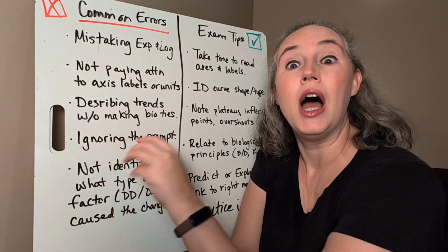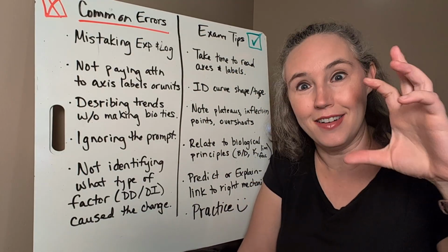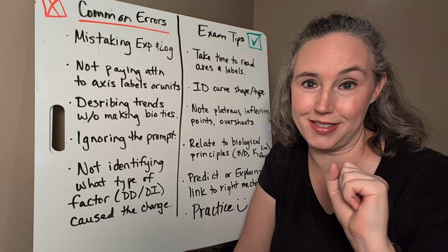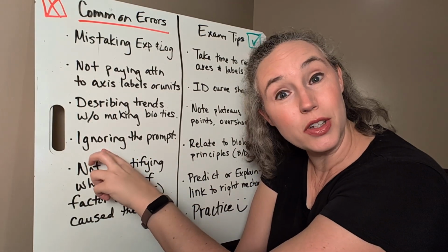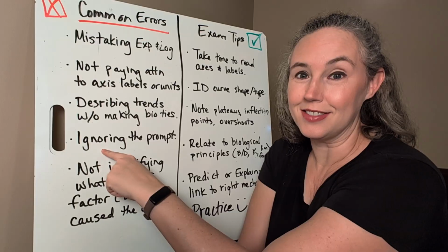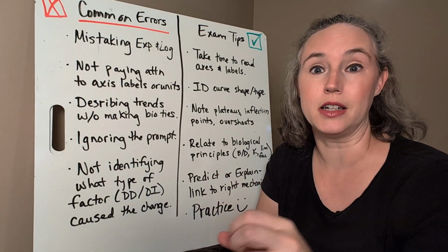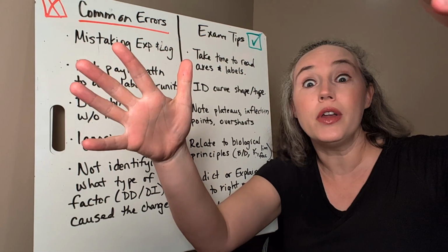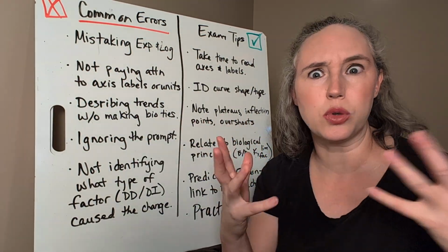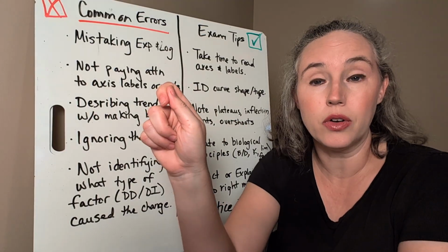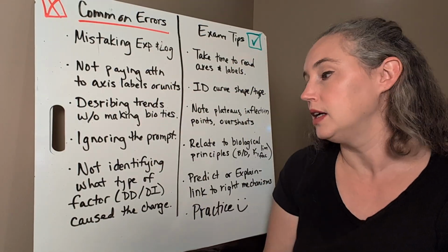As a teacher, ignoring the prompt is the most common mistake. Please read the question. Read the full question and answer what it's asking. Don't just shotgun everything you know about logistic growth and then end up, even though you spent 20 minutes answering that FRQ, you didn't answer what it was looking for because you ignored the actual prompt.